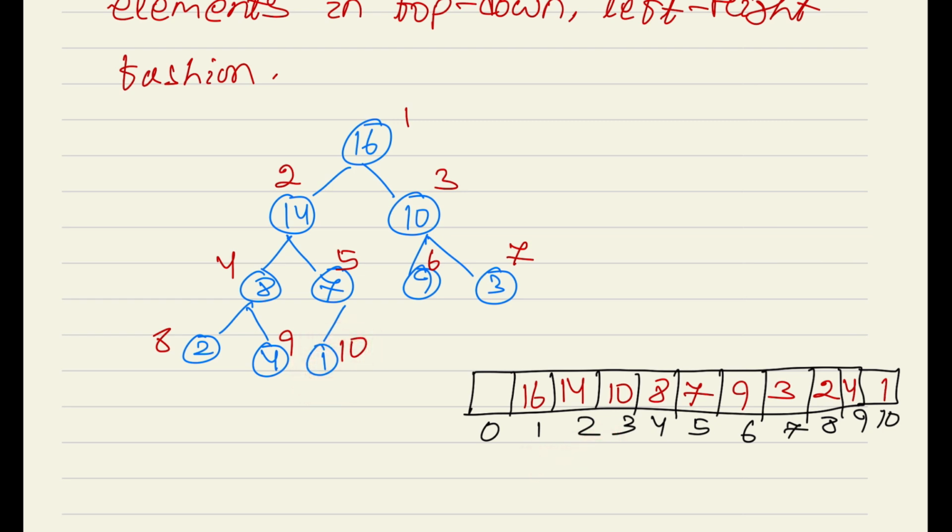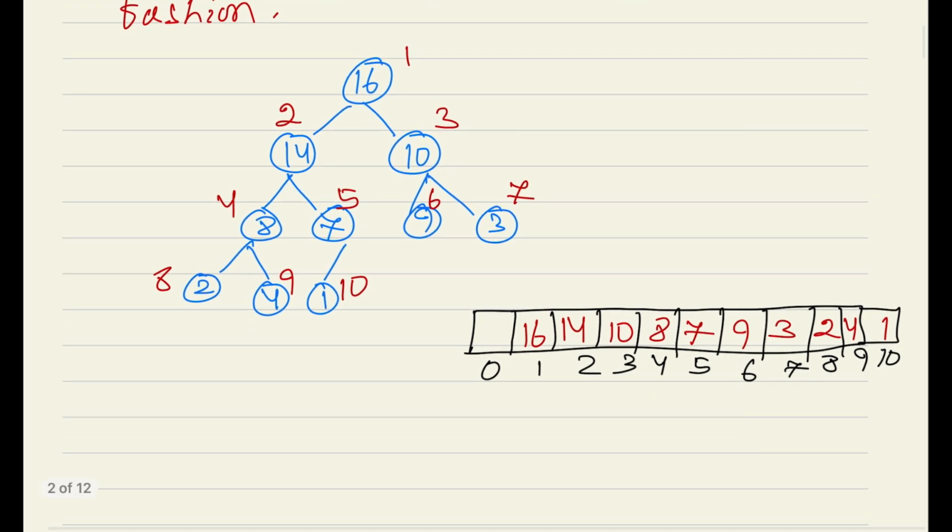Here you can see there is a relation between the parent and children according to the array index. If we want to find the parent node of index I, then simply we can write floor of I by 2. Consider one example.